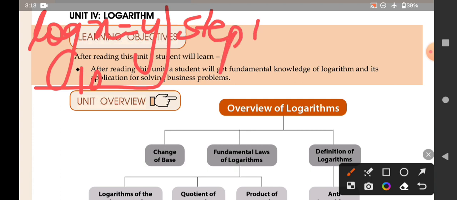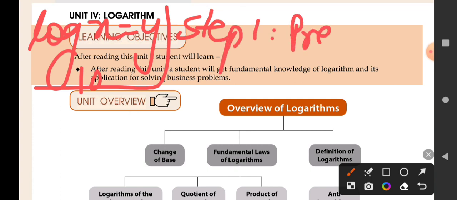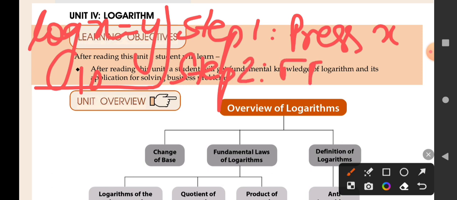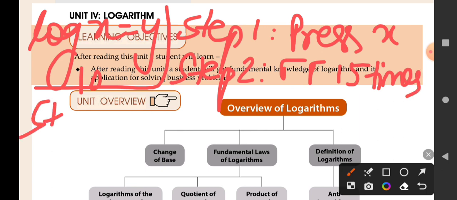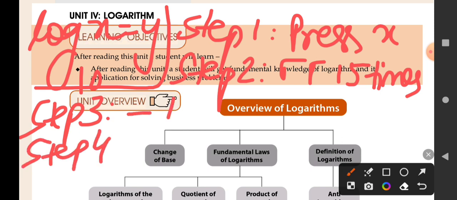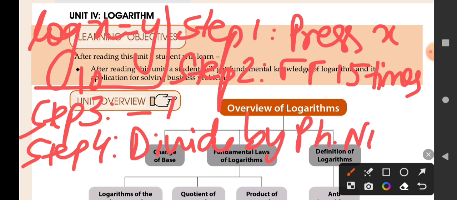Step 1: Press x on your calculator. Step 2: Square root 15 times. Step 3: Minus 1. Step 4: Divide by phone number 1.